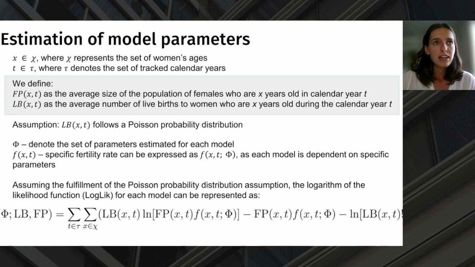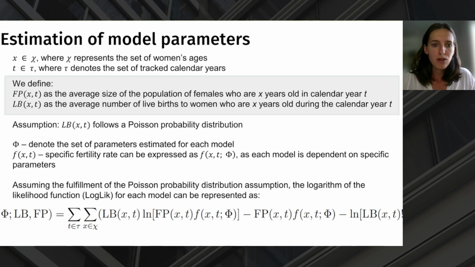Then we define matrix FP as the average size of the X-year-old female population in year T, and matrix LB as the average number of live births to X-year-old women during the calendar year T. We assume that LB follows a Poisson probability distribution, and the set of parameters estimated for each model is denoted by the symbol phi, and the specific fertility rate f_xt can be formally represented as f_xt(phi), as each model depends on these parameters.